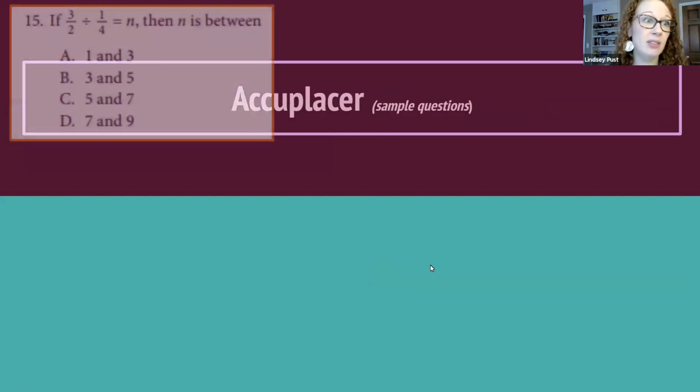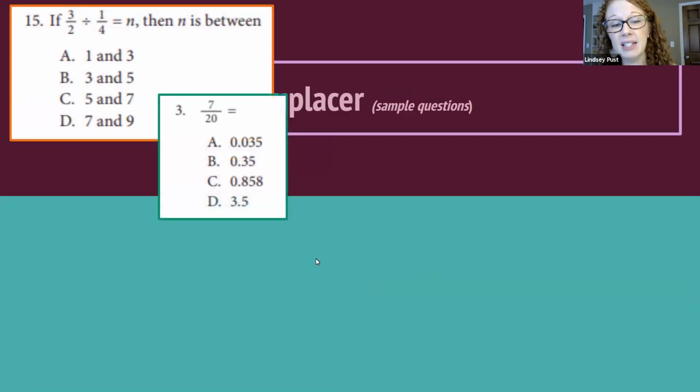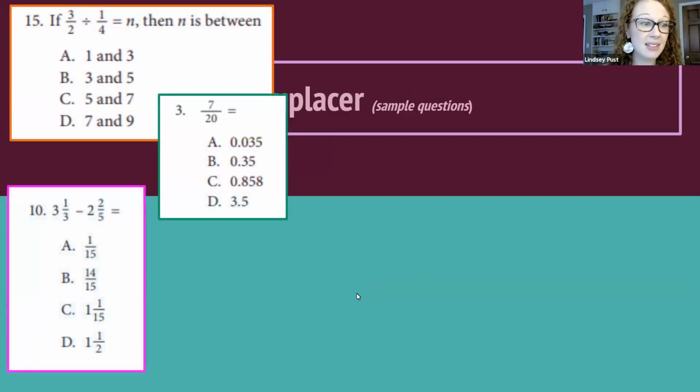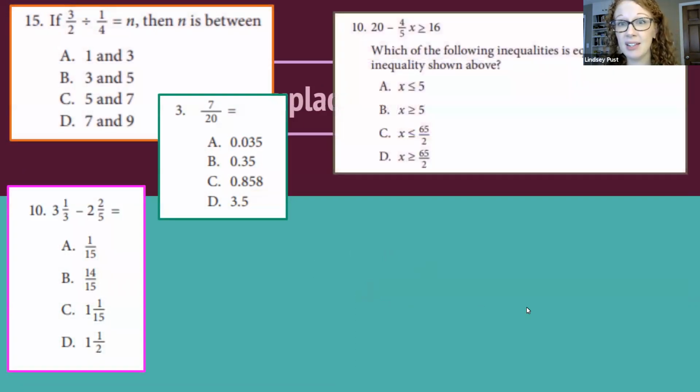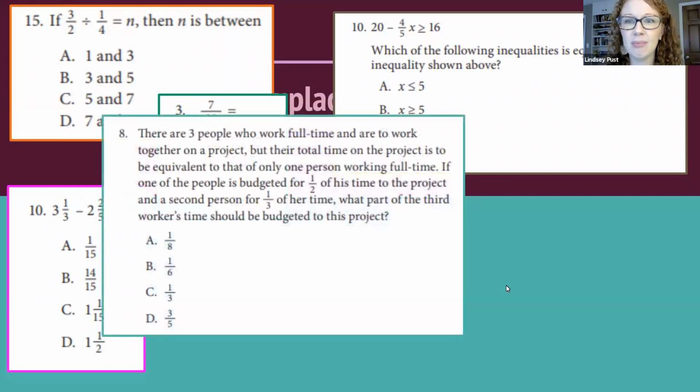The AccuPlacer, dividing fractions, finding the decimal equivalent, subtracting mixed numbers, having fractions within an equation or in inequality, where there's more than one step that I need to use to solve that.